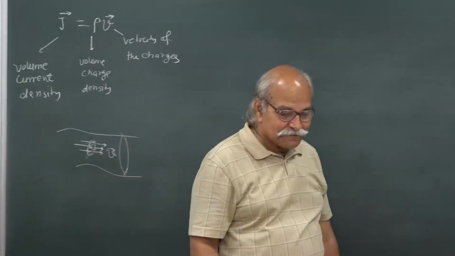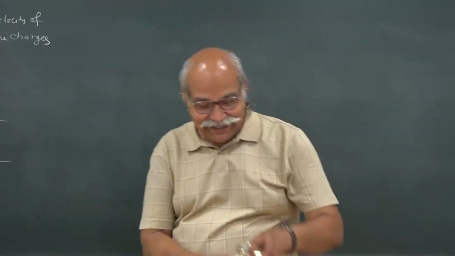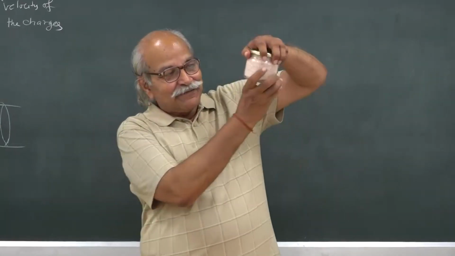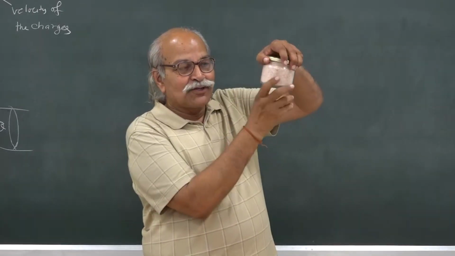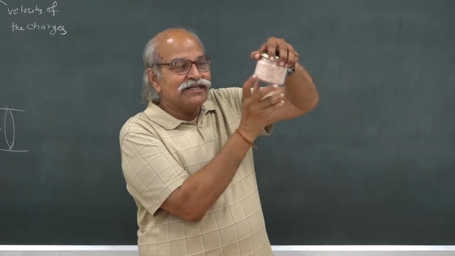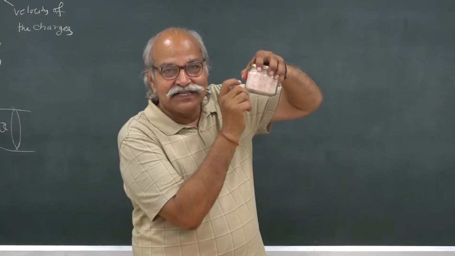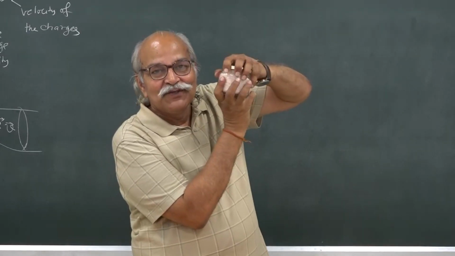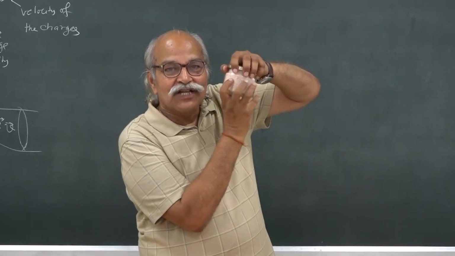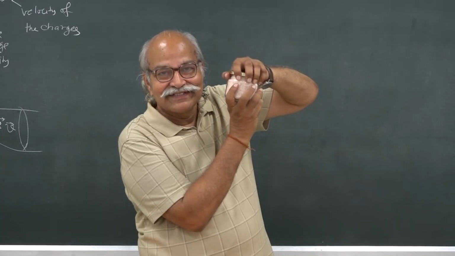Suppose we have, just consider that this is a cylinder, and in this cylinder actually we have rock salt here, and suppose each grain is charged. So, that in this entire cylindrical volume you have a uniform charge density, right.